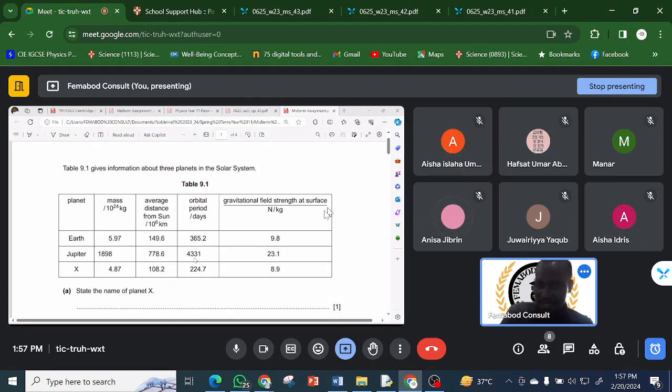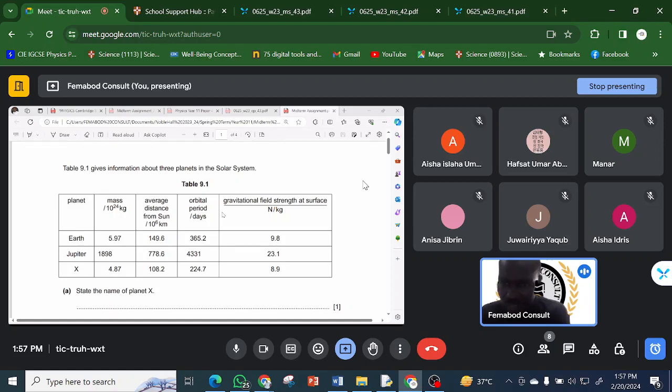So now this is planetary information. I'm going to give us a clue and we are going to attempt the question. Table 9.1 gives information about 3 planets in the solar system: the Earth, Jupiter, and planet X. The mass of the Earth is 5.9 times 10 raised to the power 24 kg.